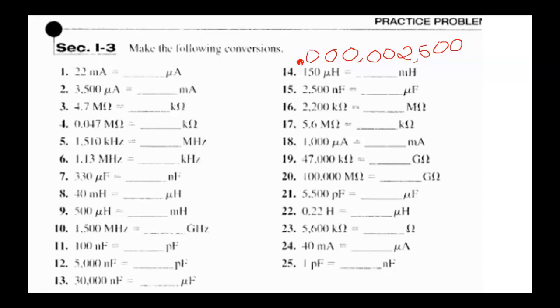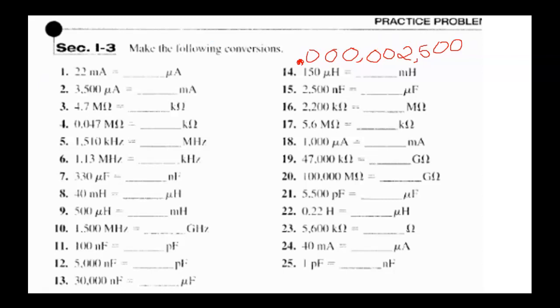I start off with the number I'm given, and I moved it back into decimal notation. So my decimal notation is where I just started out before I start solving. From here, I can say, I'm going to micro. Okay, so that means I'm going to have to count out 6 decimal movements. Why 6?